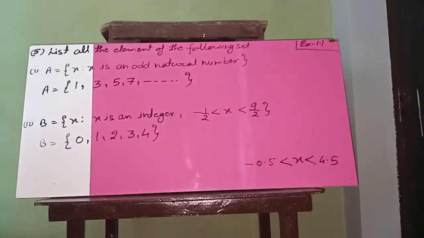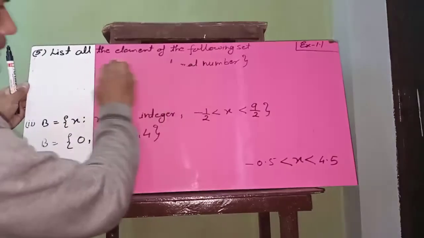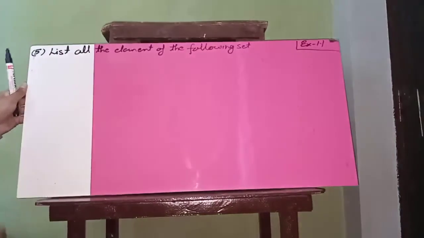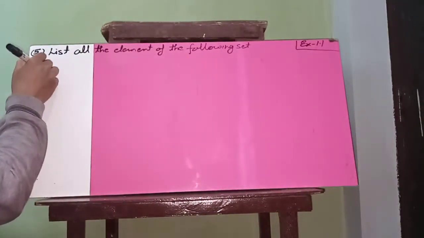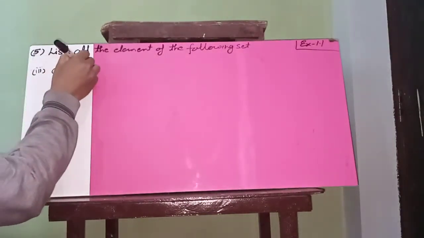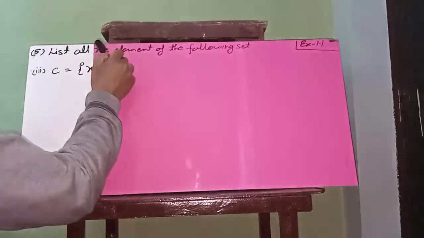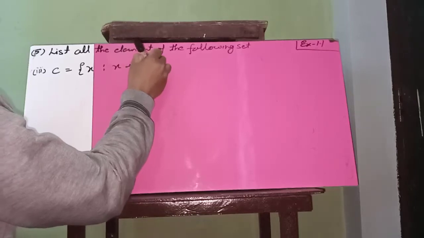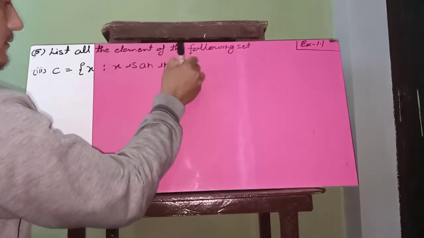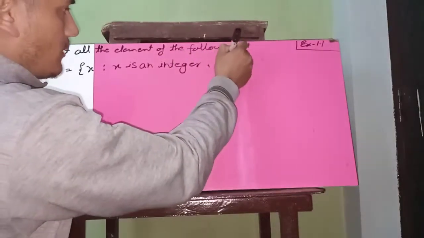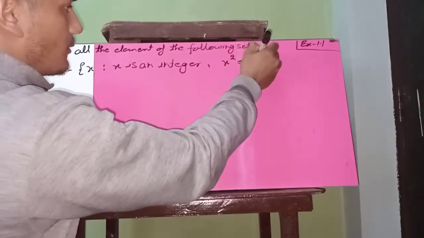Now pause the video and note the question number, first and second part. Okay, now I take its third part. C equals x such that x is an integer, and one more condition is here: x square is less than or equal to 4.